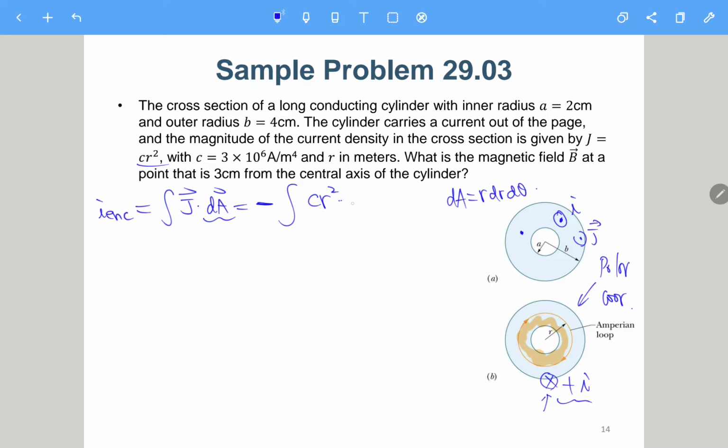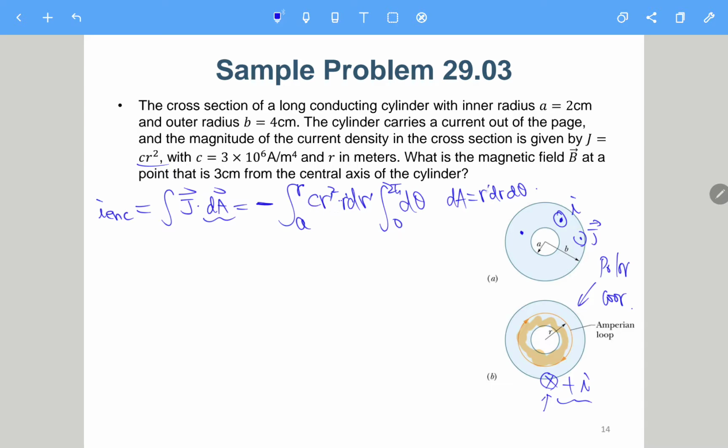So we have r dr here, and the integration of d theta from 0 to 2 pi, the whole circle, and then we integrate r from a to small r, or maybe you should make it r prime to distinguish this r and this r.